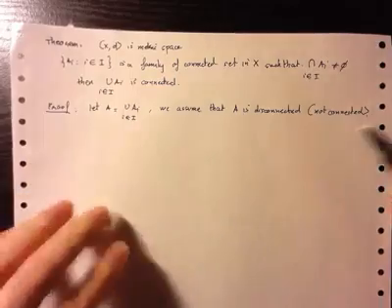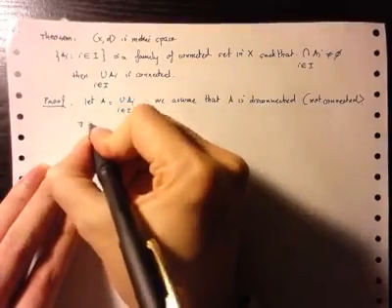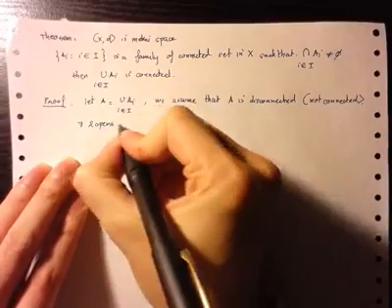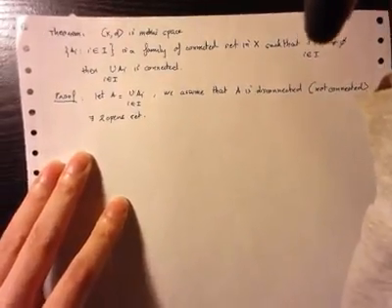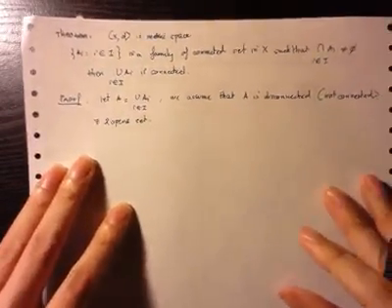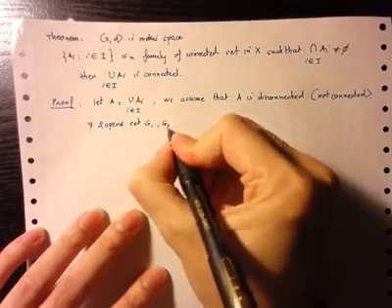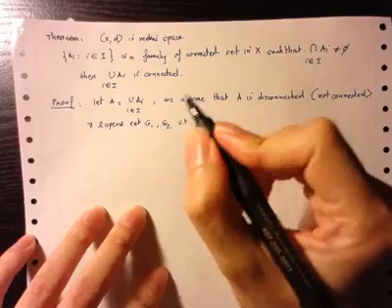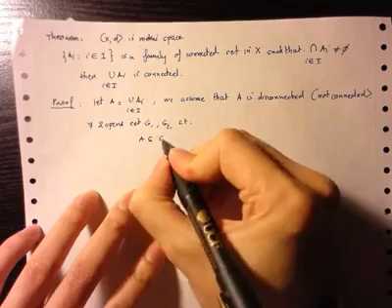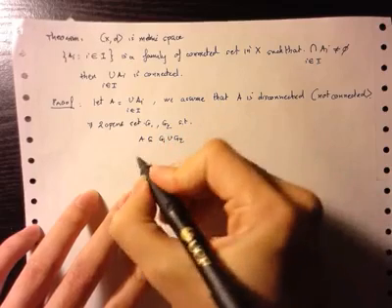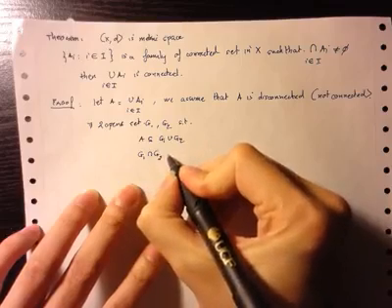Okay, and because A is disconnected, there exist two open sets. All right, so there exist two open sets. Let's name them G1 and G2, such that A is contained in G1 union G2 and G1 intersect G2 is the empty set.